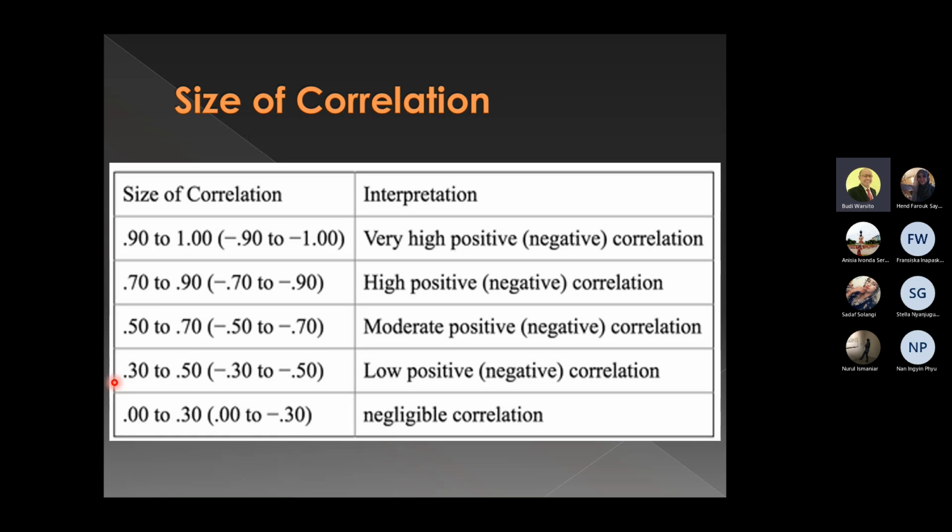And then when the value is between 0.3 and 0.5, we can interpret that they have a low correlation, and then the remaining is negligible correlation.